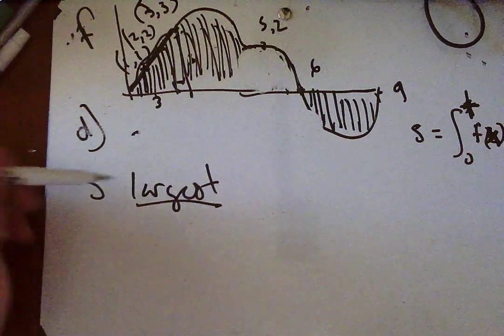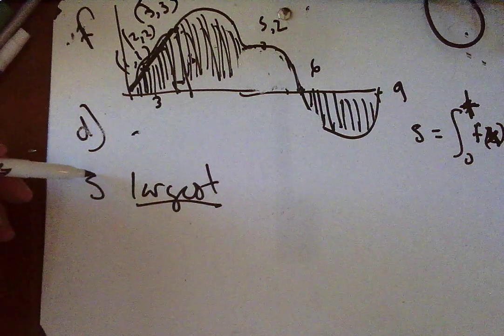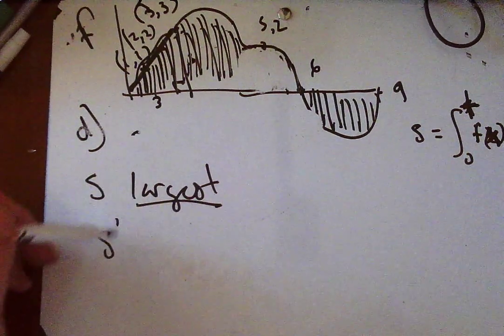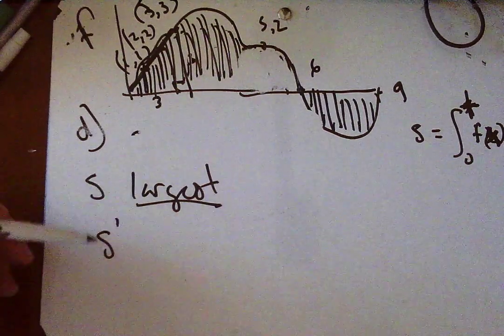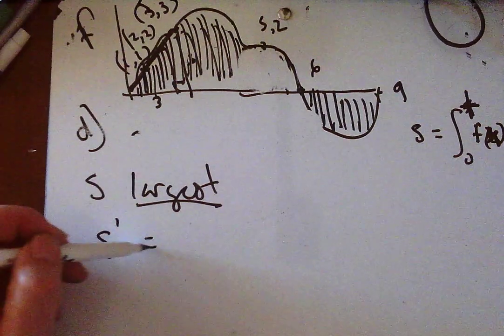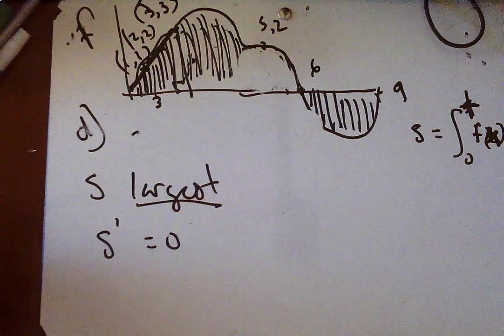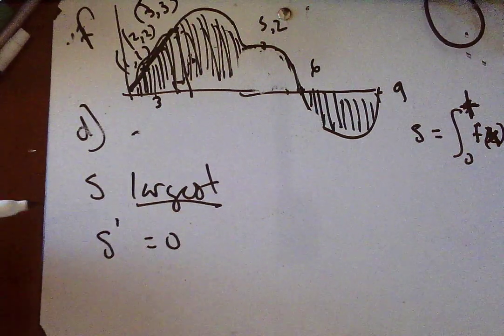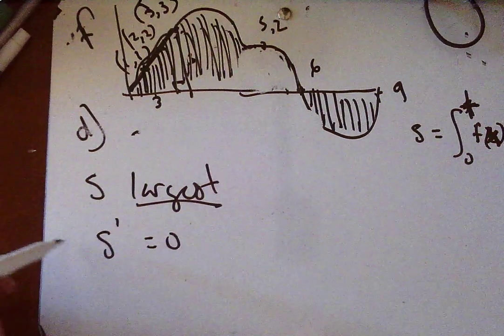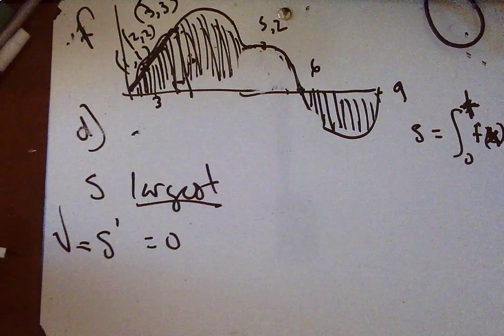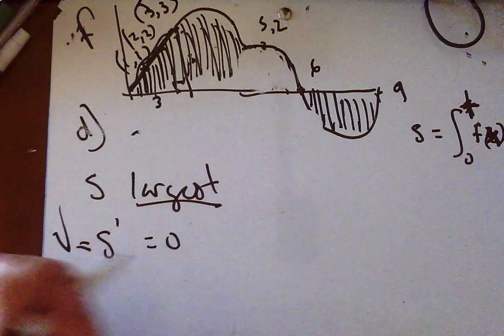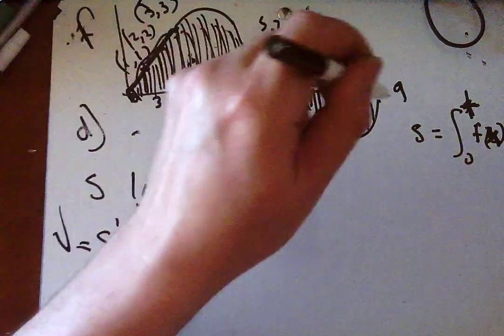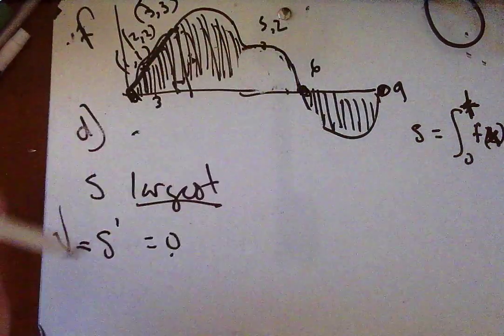So, look, if I want S to be largest, we learned in optimization that we want to look at the derivative of S. And we want to find out when S prime is 0, undefined, or endpoints. Okay, so what's S prime? Well, S prime is also called V. So I'm looking for when V equals 0, at this endpoint, and here.